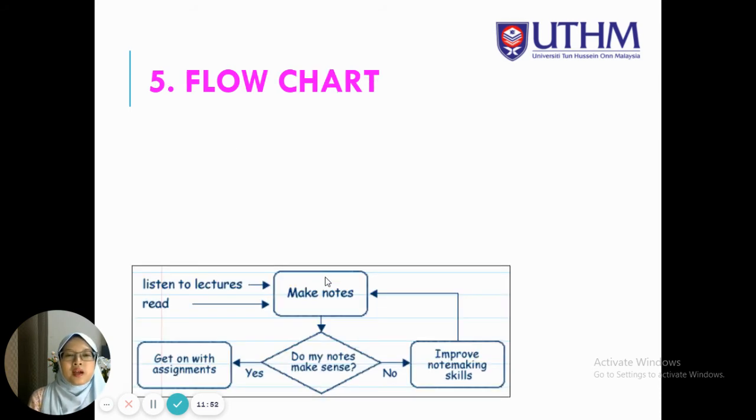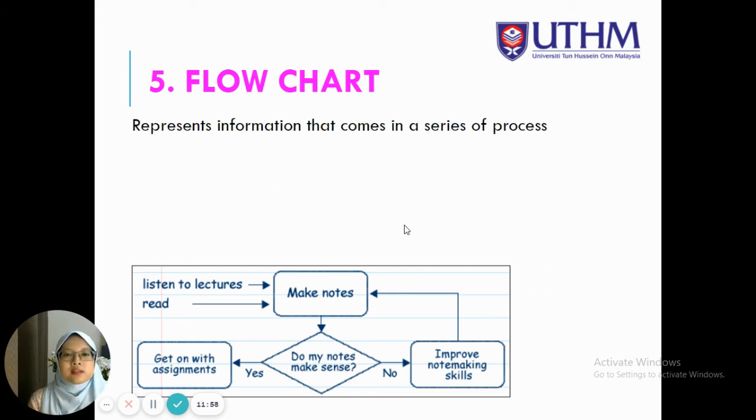Okay, next one, we'll take a look at the flow chart. A flow chart represents information that comes in a series of processes. So normally we use a flow chart to show a process. If you give information in a paragraph to describe a process, people may have difficulty remembering the process when they try to go through it.